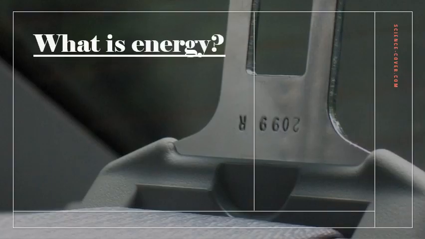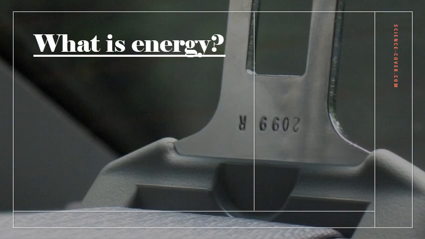Let's start by answering the question, what is energy? On a warm day, a car seatbelt can become very warm if left in direct sunlight. In this situation, the sun's light is entering the car through the window, striking the seatbelt and turning into heat.